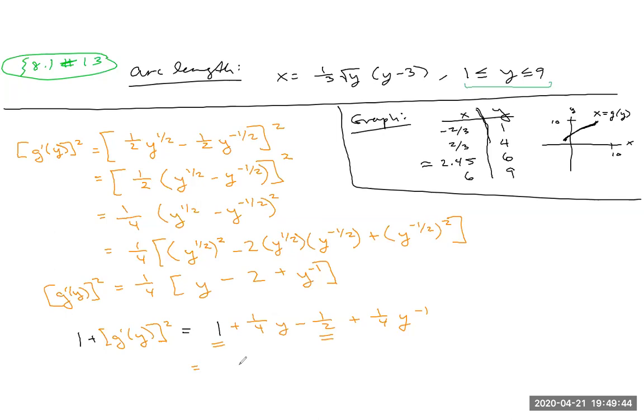So that part is going to be 1/2, but I'm going to put the 1/4 y first. And then to make things a little bit smoother so I don't have to worry about the fraction, I'm going to pull the 1/4 out. And then what I have left over is y plus 2 plus y to the negative 1. And you can check that by distributing back and making sure you get the same thing up here.